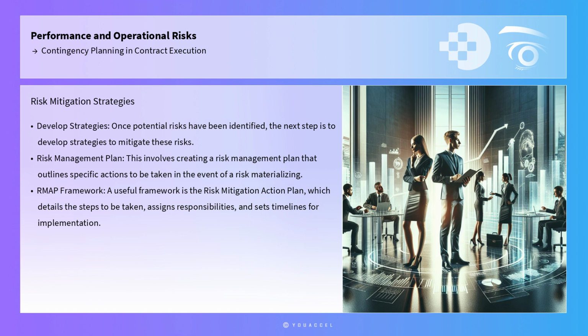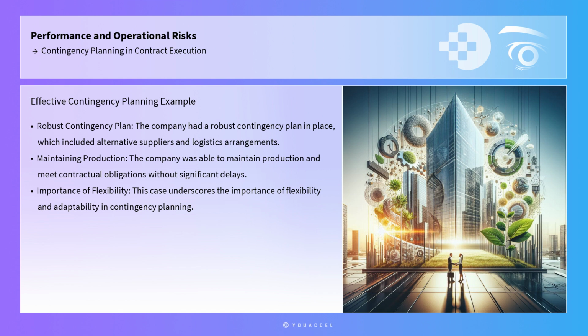For example, a company engaged in international trade might establish currency hedging strategies to mitigate the risk of exchange rate fluctuations impacting contract profitability. A practical example of effective contingency planning can be seen in the case of a global manufacturing company that faced a significant supply chain disruption due to a natural disaster.